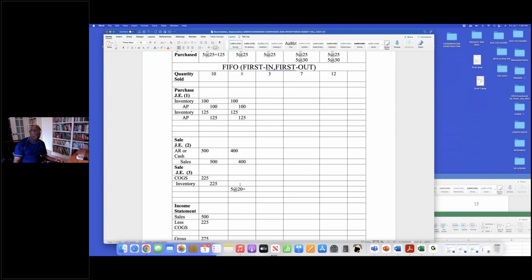Then we're going to have 3 more we sold, but at 25. They cost us what? That's correct. So that's 75. We're going to add those numbers together. And so the cost of goods sold is 175.